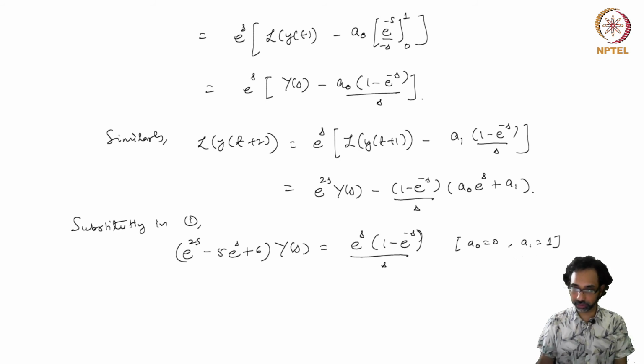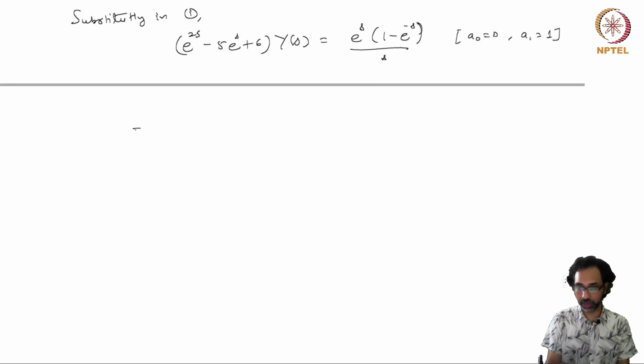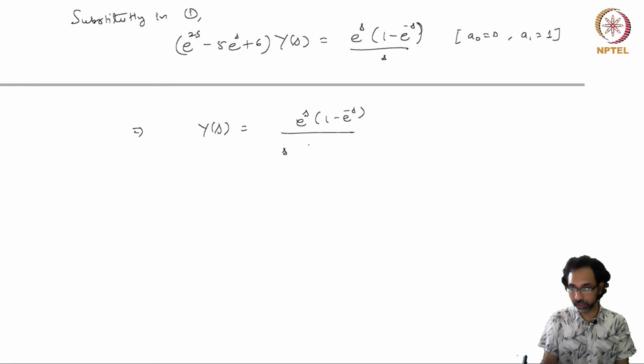So we can solve this equation. So Y(s) can be written as e to the power s times (1 minus e to the power minus s) over s, divided by (e to the power 2s minus 5 e to the power s plus 6), and the denominator can be factorized.